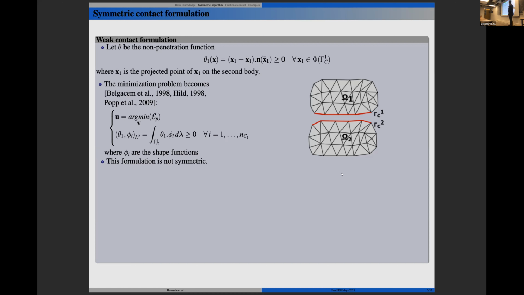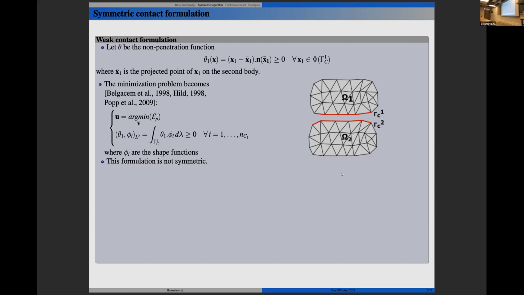Of course, because the constraints are described with respect to the first body, the first one is considered as slave and the second one as master. Therefore, it is also non-symmetric. But why do we use the weak non-penetration here? In order to obtain smoother results.